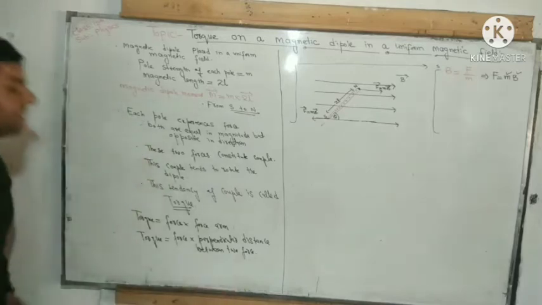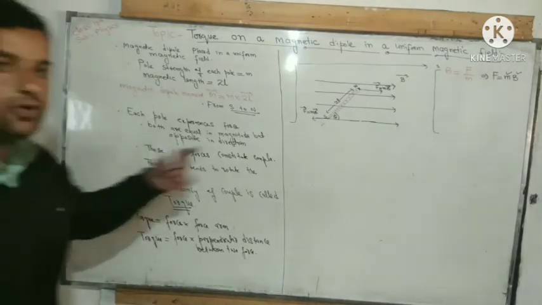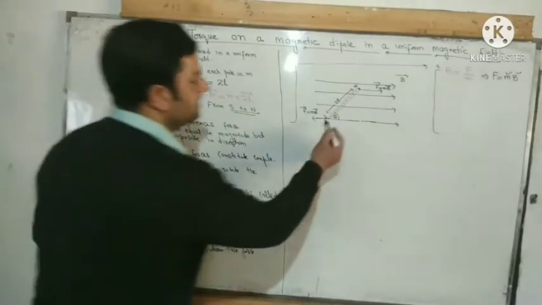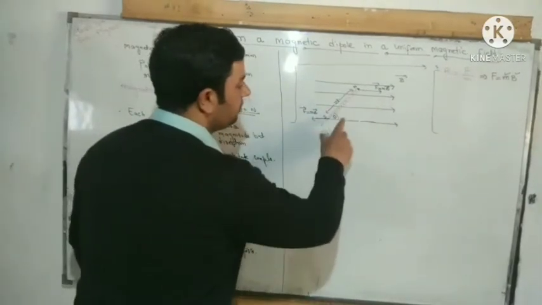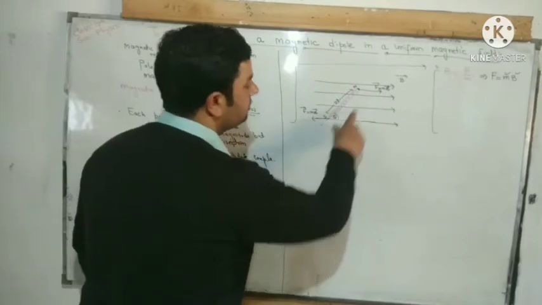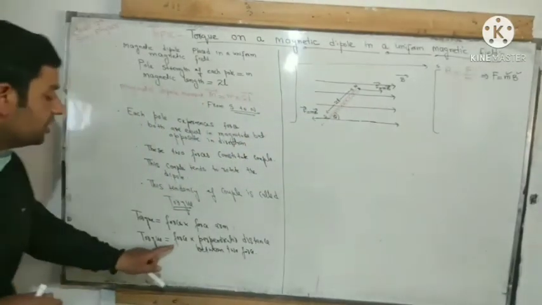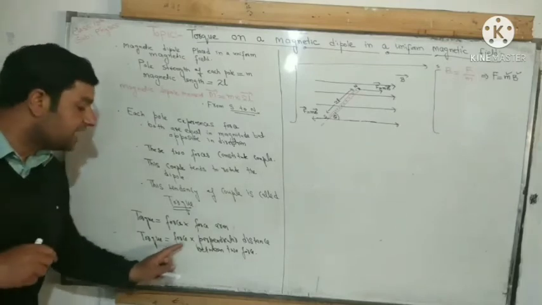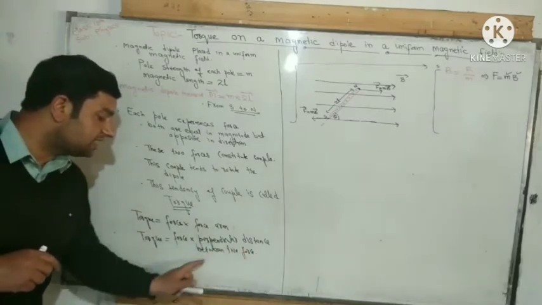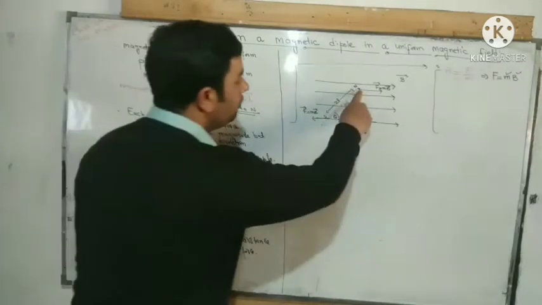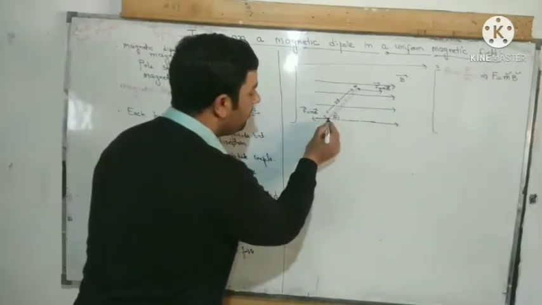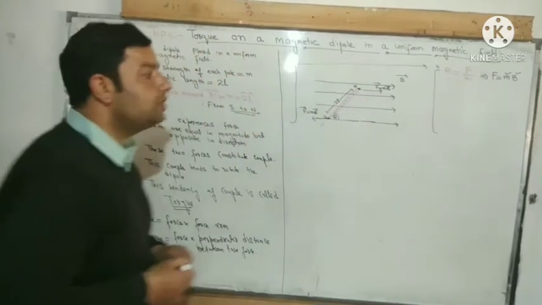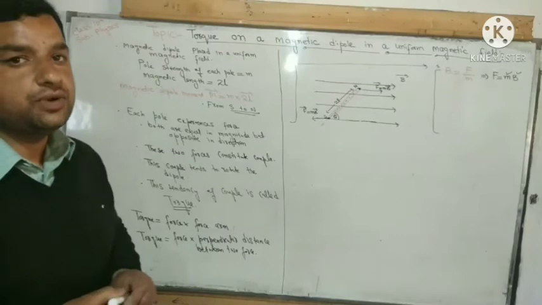Since both forces are equal in magnitude, it is the magnitude of either force into the perpendicular distance between the two forces.